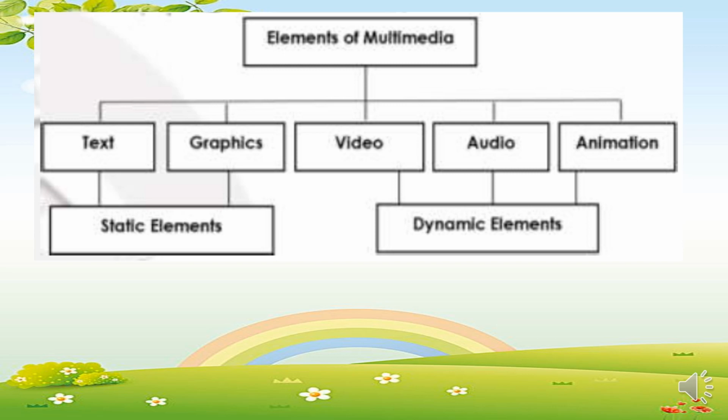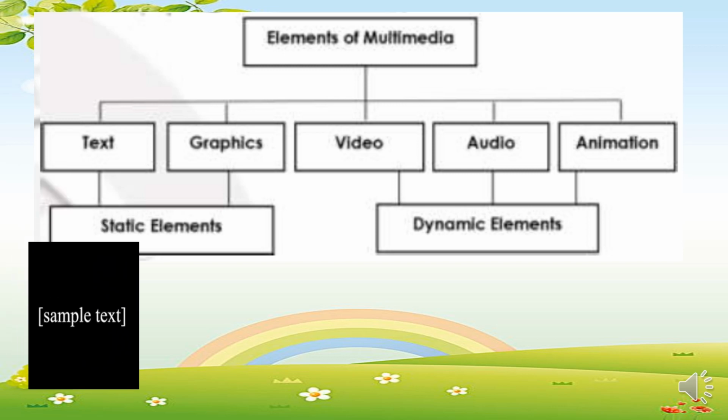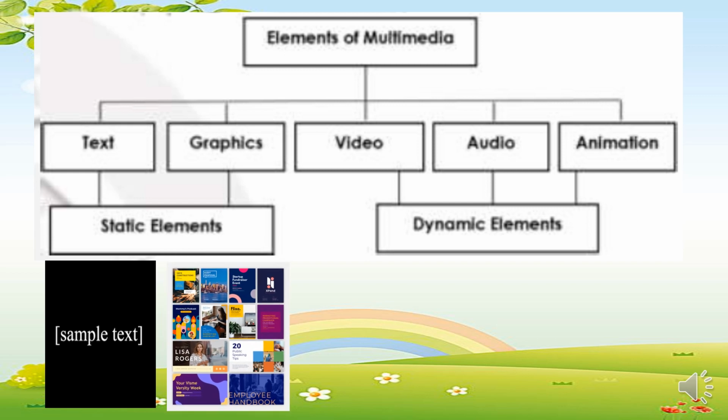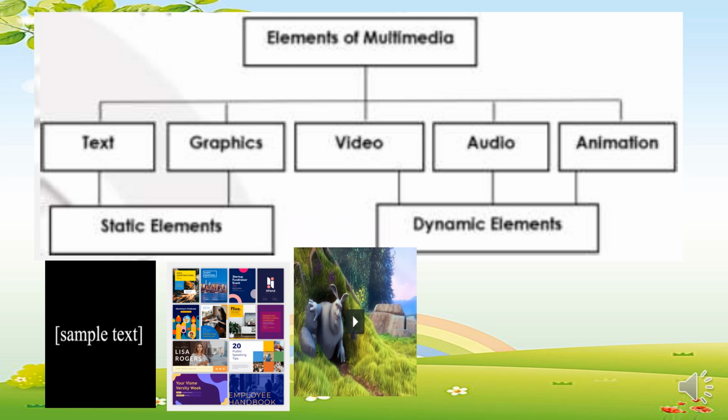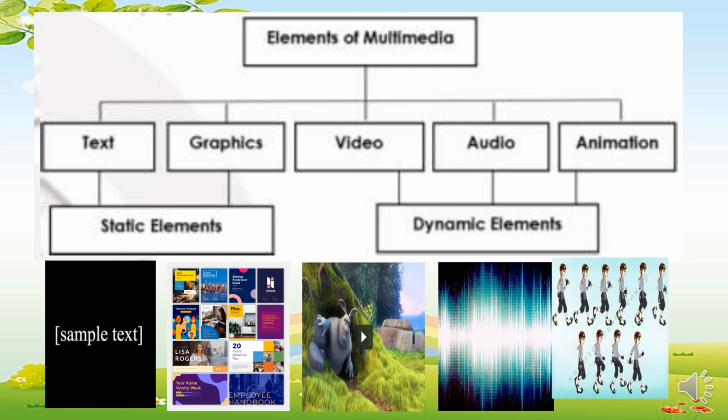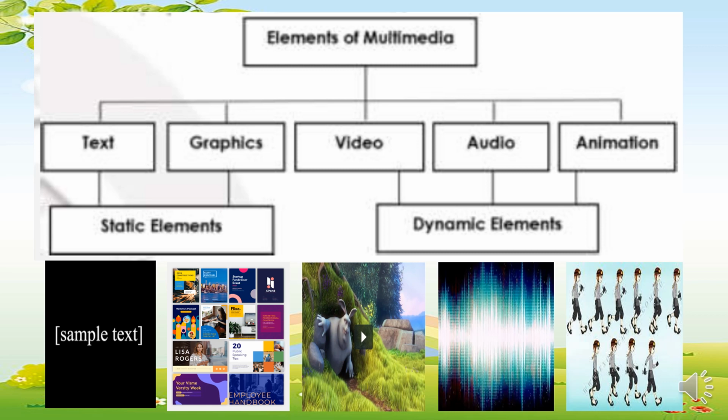So the elements of multimedia are text, graphics, video, audio, animation. Then we have the static elements and the dynamic elements. The text and graphics are the static elements. And then the video, the audio, and the animations are the dynamic elements.